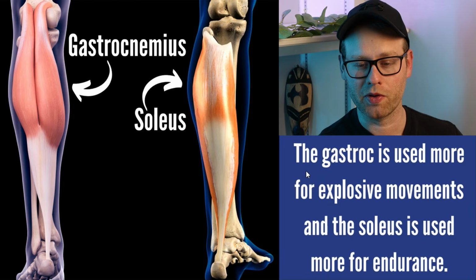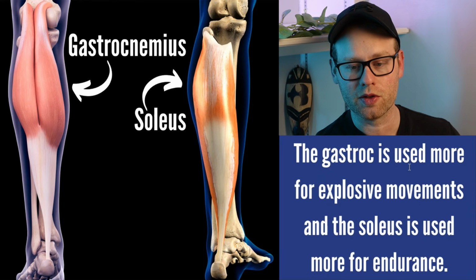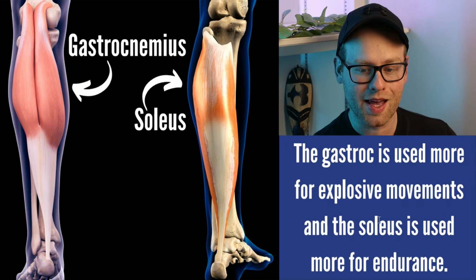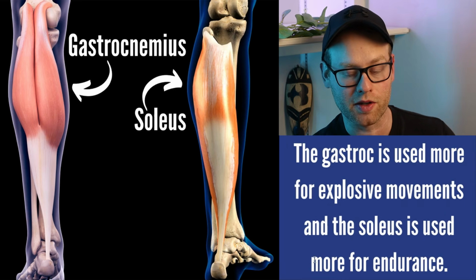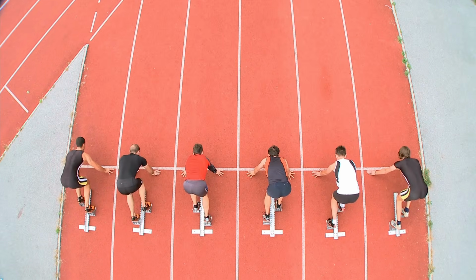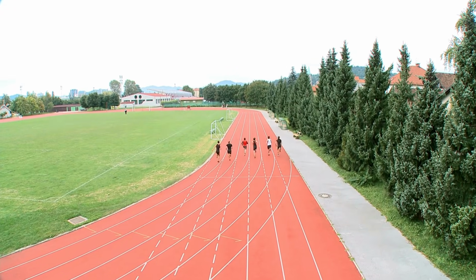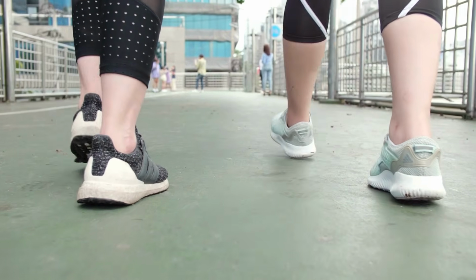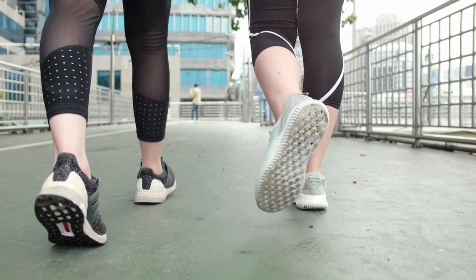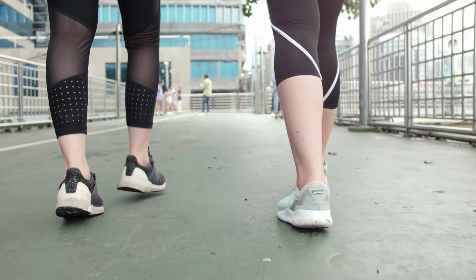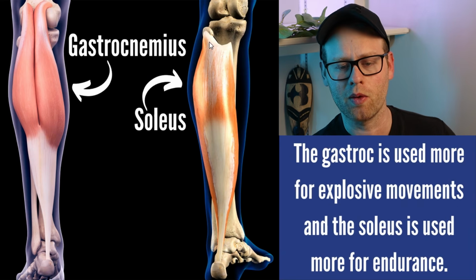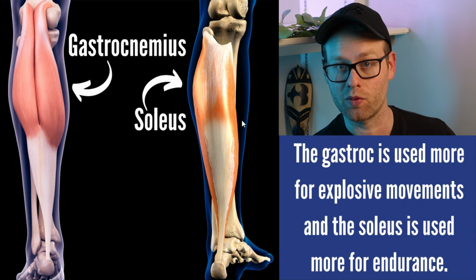Quick little fact about both of these two: the gastroc is used more for explosive movements and the soleus is used more for endurance. So if I'm sprinting, the gastrocnemius is almost certainly the muscle that's doing more work. If I'm kind of just standing around for a long period of time, or maybe walking at a slower pace, there's a good chance the soleus will actually be doing a lot of the work in that case.